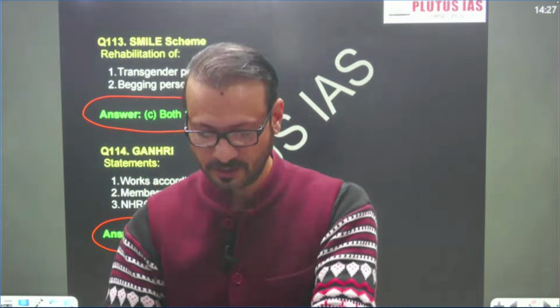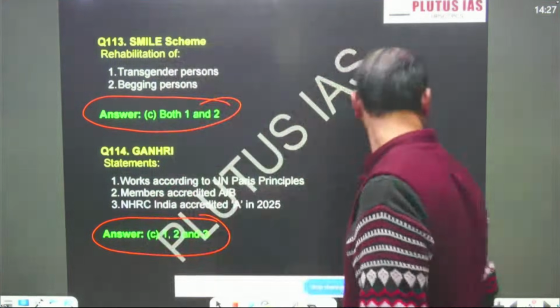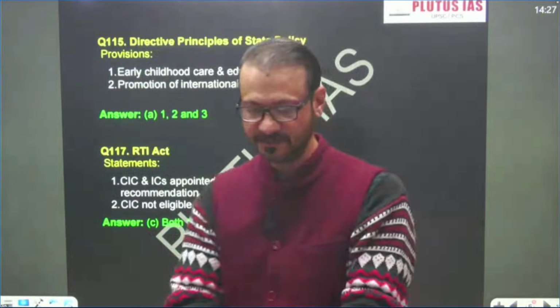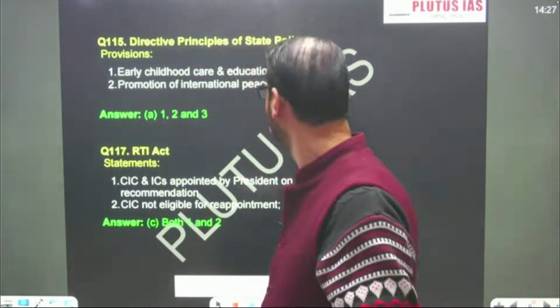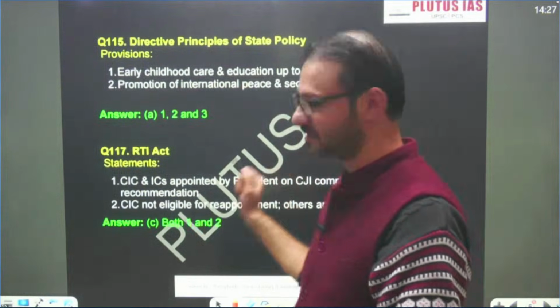Now moving on to the next, which is 115. It talks about directive principles of state policy. I cannot find the 115 question here.